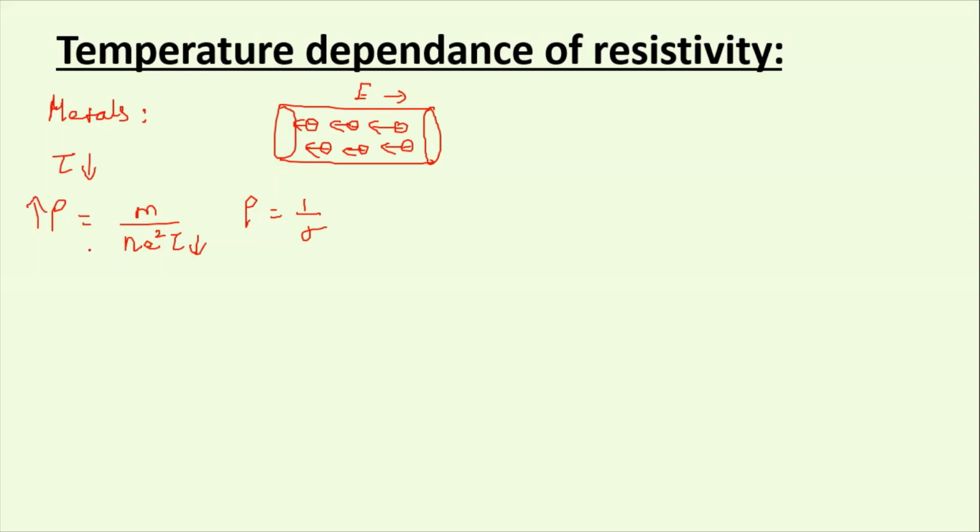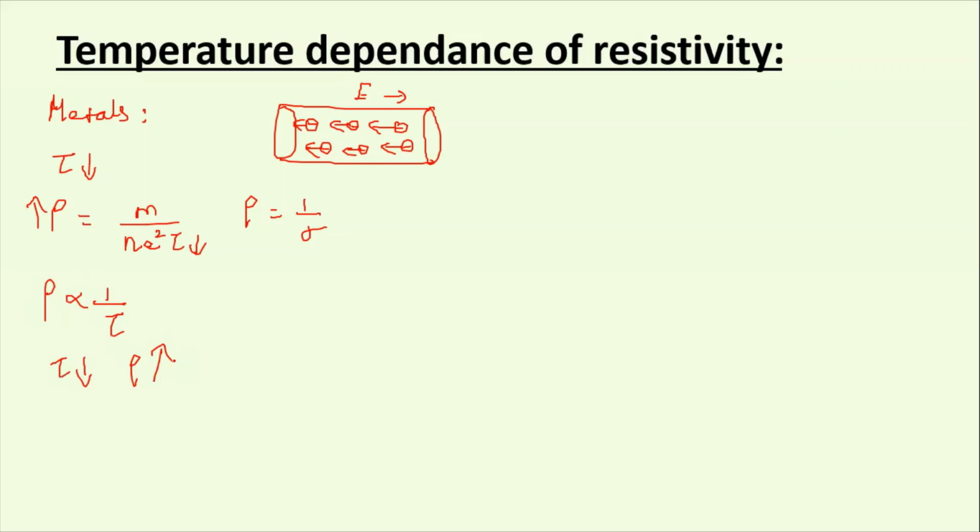The resistivity of the metal will increase and the conductivity will decrease with increase in temperature. So for most of the metals, resistivity will increase linearly with the increase in temperature around and above the room temperature.